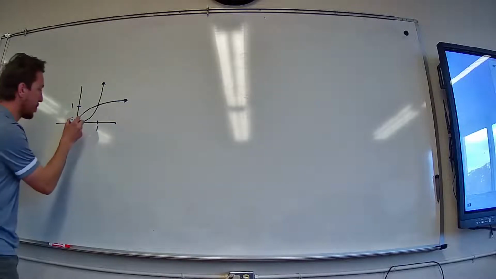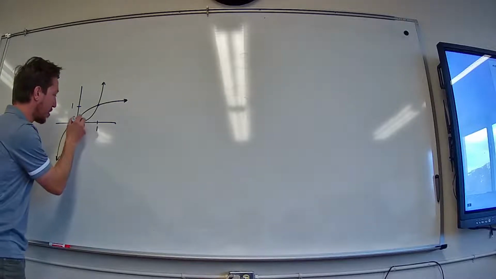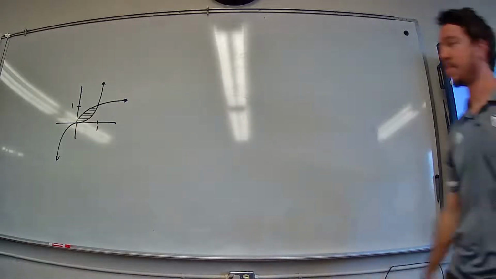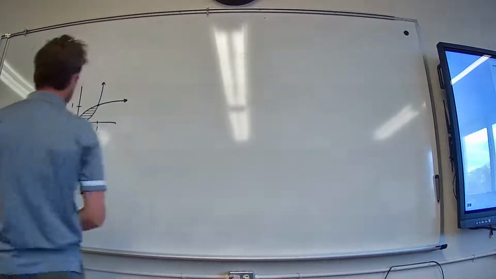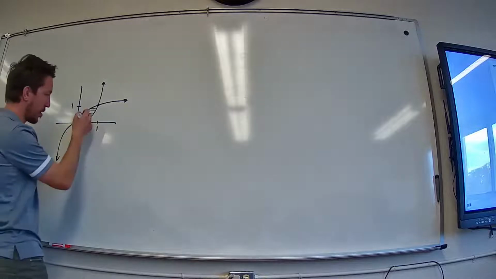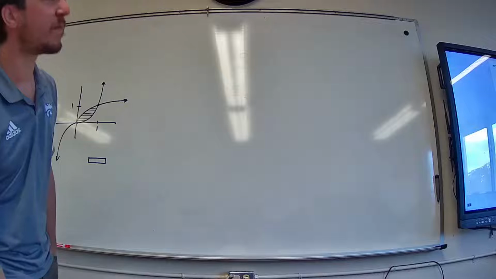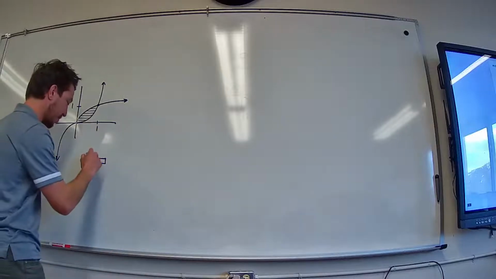Okay, so there's the region, and I'm going to draw my slices like this. Why draw the slices like that? Perpendicular to the y-axis, because it says they're perpendicular to the y-axis. So let's draw one of these little slices. They're equilateral.